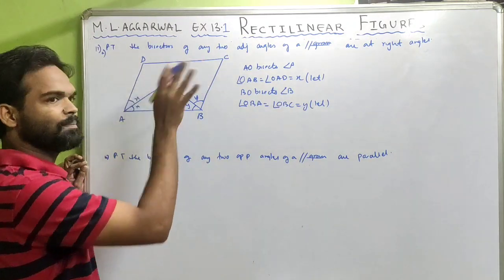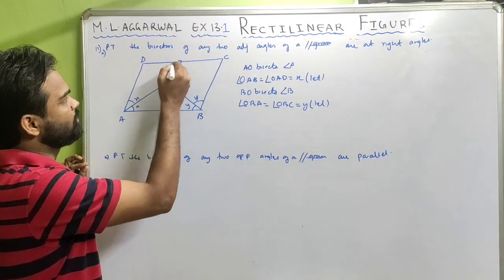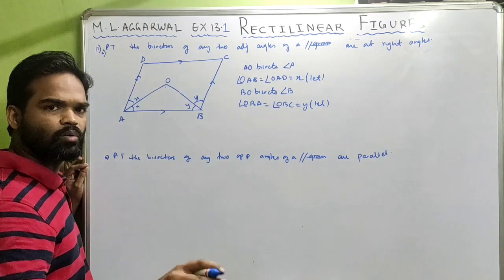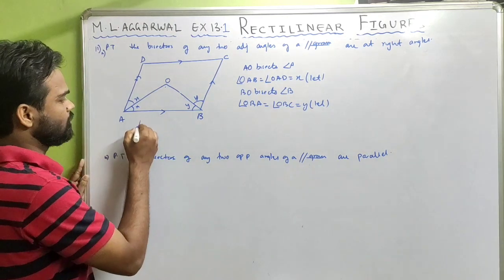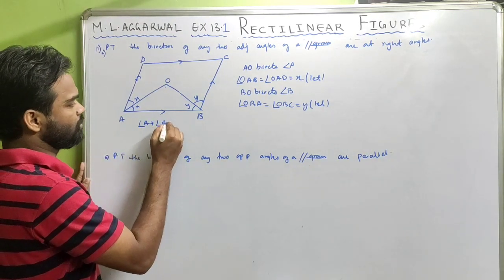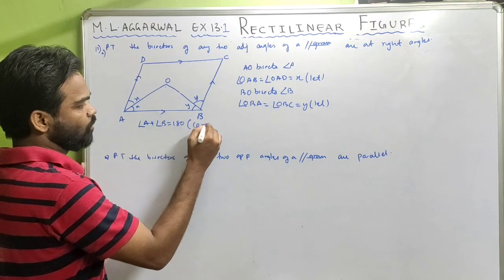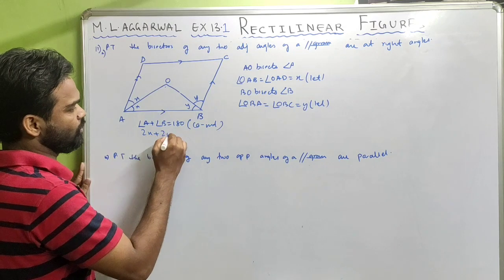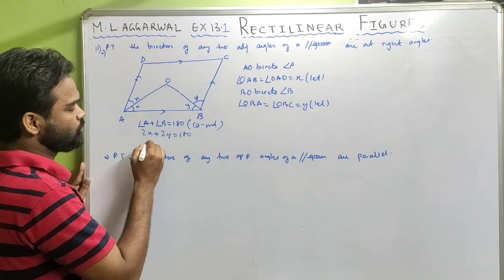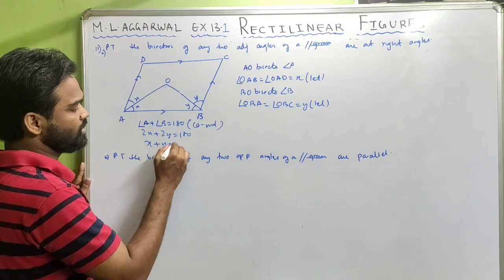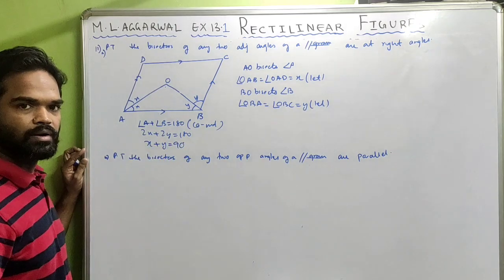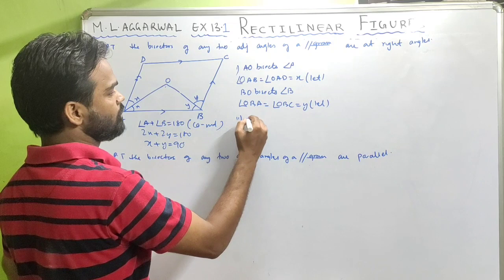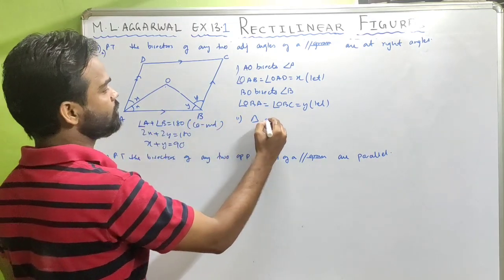Now look carefully. This is a parallelogram, which is given to us, which means angle A plus angle B is 180. No doubt in that. They're co-interior. So angle A is 2x, angle B is 2y, 2x plus 2y equals 180. 2 taken common, so x plus y is 90. Done. Now look at triangle OAB.